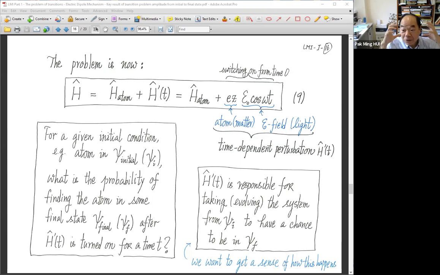And then you can grab that answer and analyze what that answer tells you about transition probabilities. But from this point to that point, there are some general quantum mechanics theory to learn. It is the time-dependent perturbation theory.